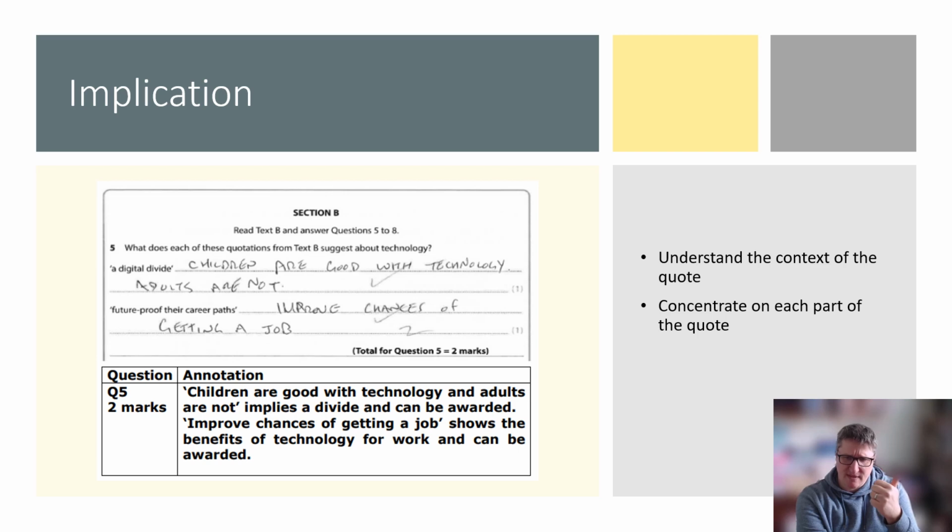So you're looking for something that talks about a divide, a division, and you're looking for something that is specifically about computers and technology, a digital divide. So where we see children are good with technology, adults are not, this implies a divide and it can be awarded. Where we've got future-proof their career paths, we see improved chances of getting a job, and that shows benefits of technology for work, and therefore can be awarded.